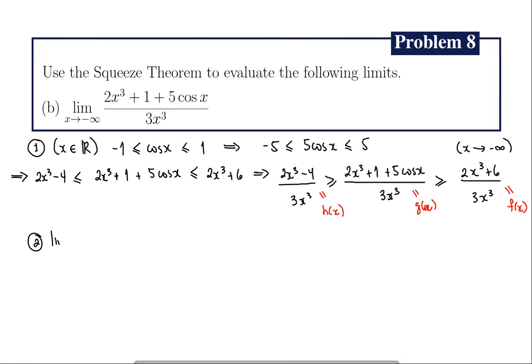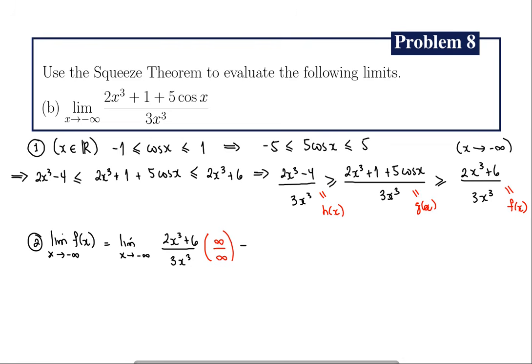Okay? So ano bang limit ng f as x approaches negative infinity? Well, si f ay, what is it? 2x cubed plus 6 over 3x cubed, diba? Tapos, if you plug in a negative infinity, actually you'll get an indeterminate of the form infinity over infinity.